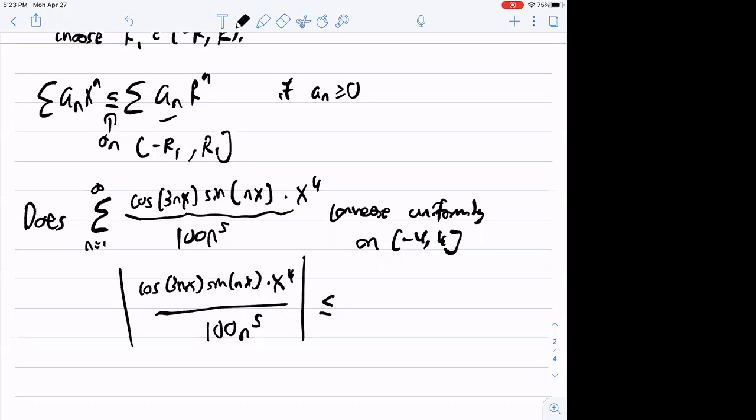It's even better. What is x to the 4th bounded by? Oh, 4 to the 4th. Good. So this is your M_n.